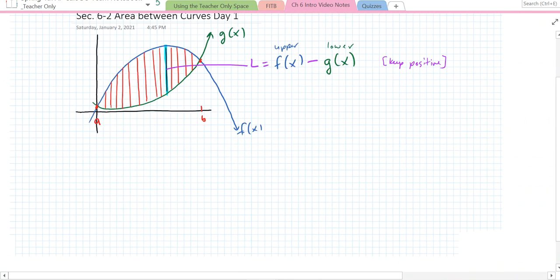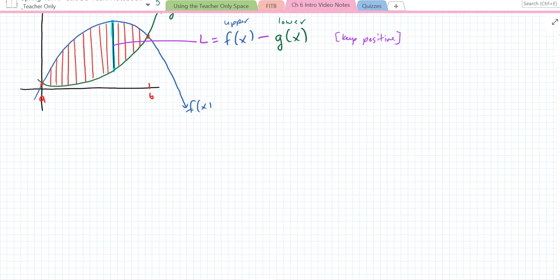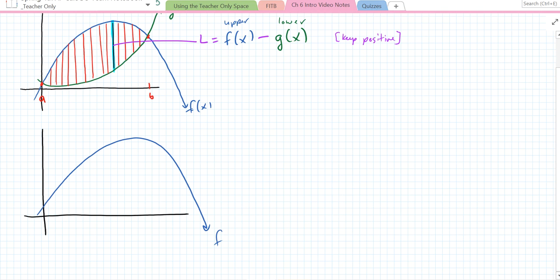And the easiest way to think about this is we're really doing two problems at once. We're doing the area under the curve from f of x. So if I break this into two parts, here's f of x. Well, maybe it looks a little different, but same idea. If you're finding the area under the curve from a to b, we're still going from a, and we're still going to the same b.